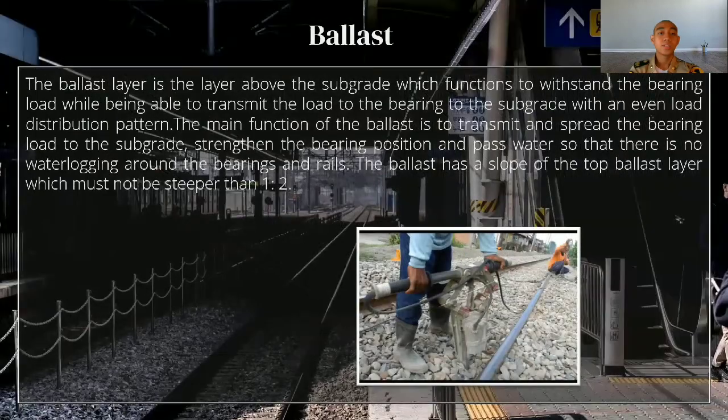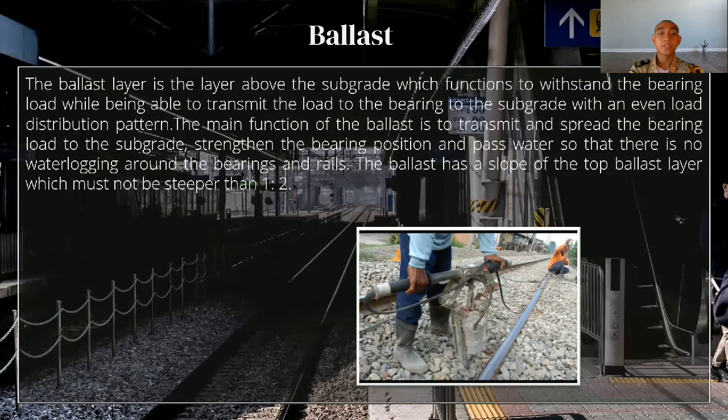The ballast layer is the layer above the substrate which functions to withstand the bearing load while being able to transmit the load to be borne to the substrate with an even load distribution pattern.